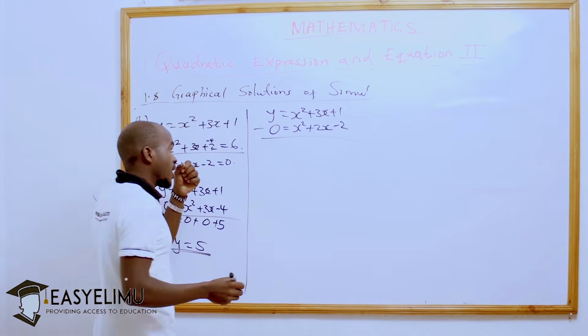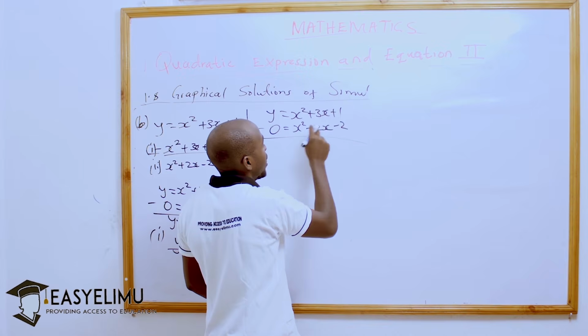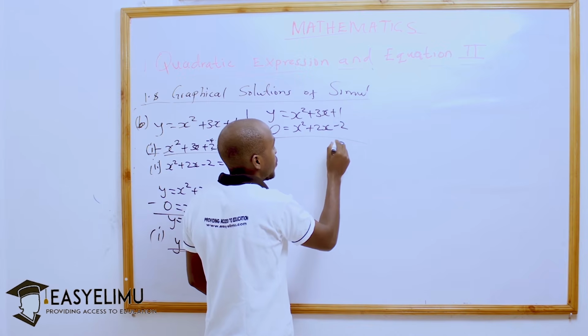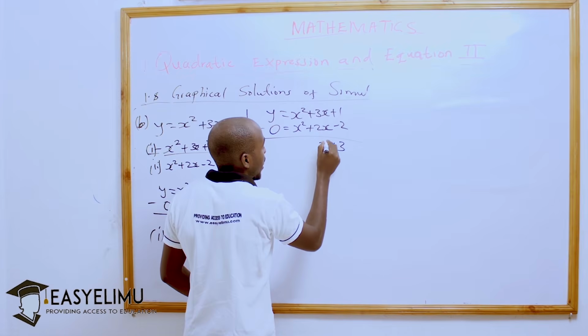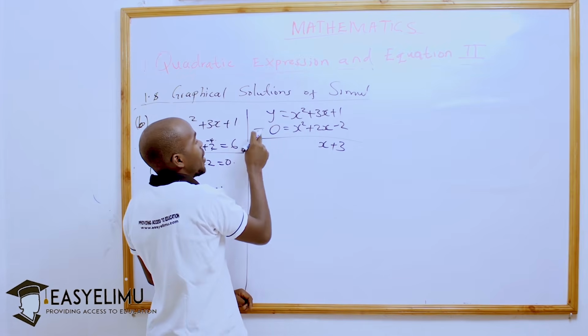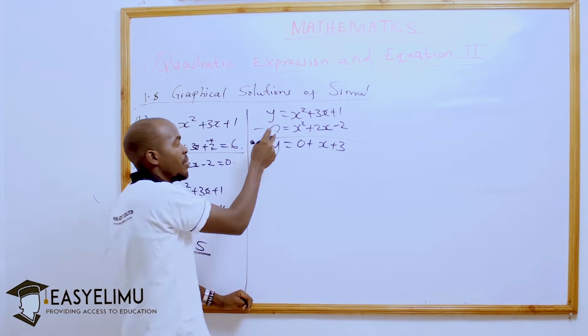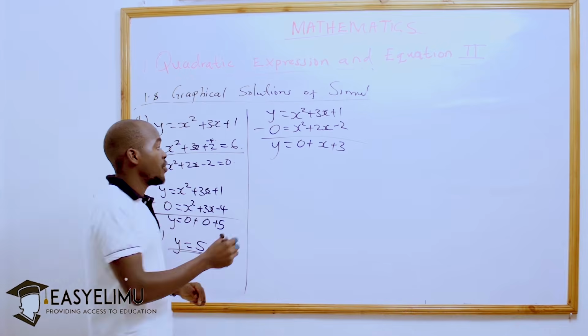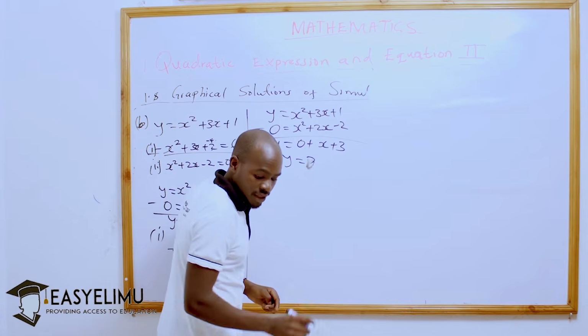Then we subtract again. You will find 1 minus minus 2, you are going to get plus 3. And then 3x minus 2x, you will get x. And then x squared minus x squared, you will get 0. So y minus 0, you will get y, and you are going to get y equals 0. Let's just write it in full.